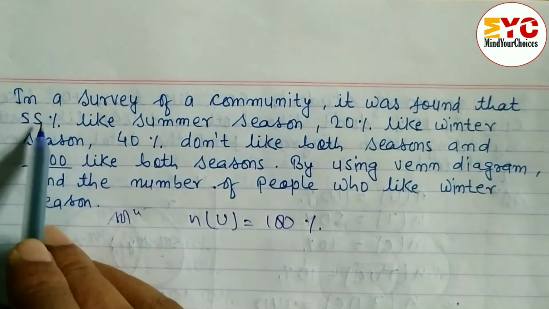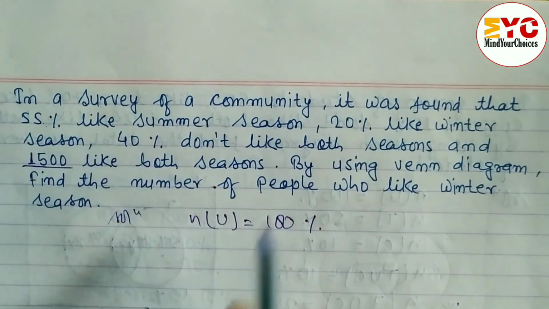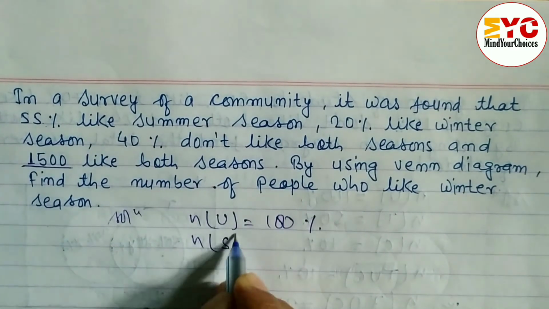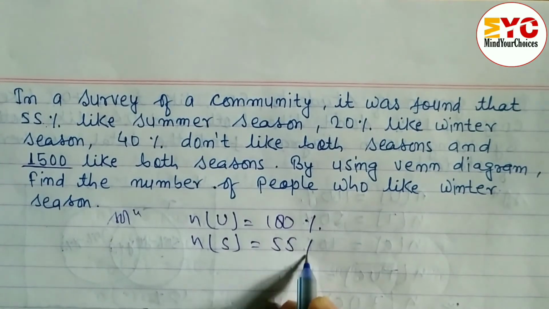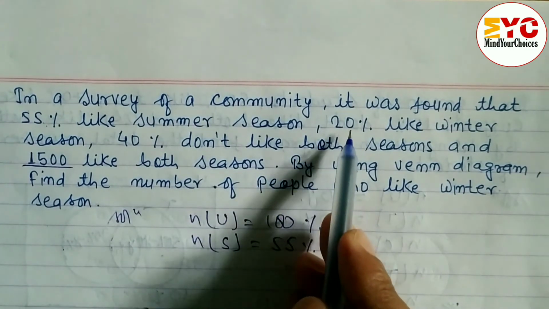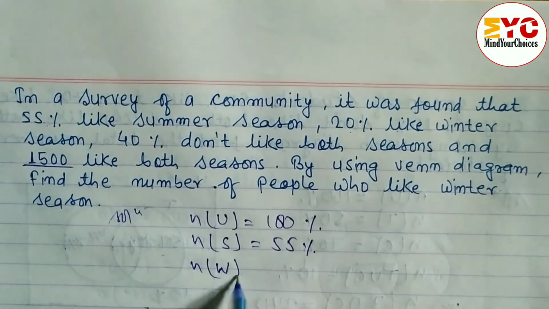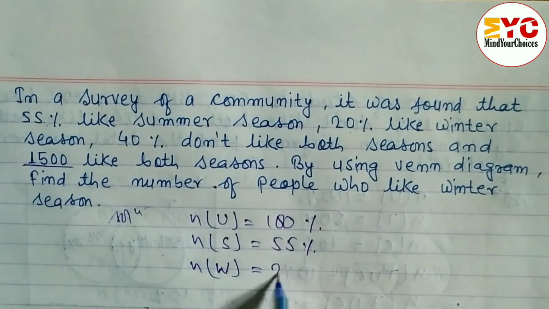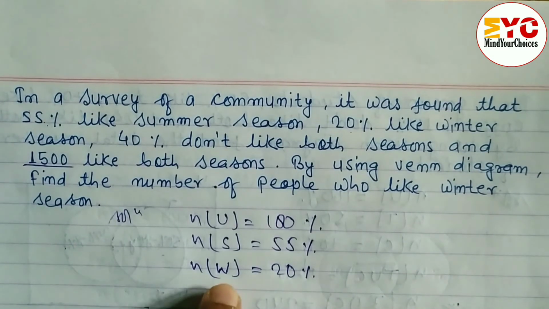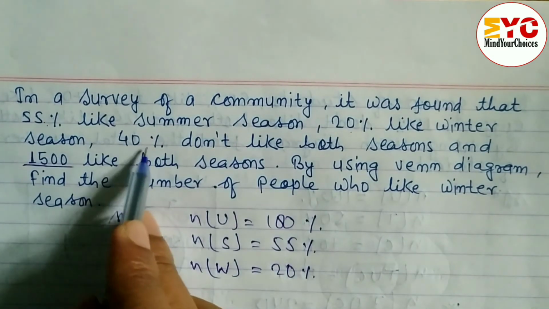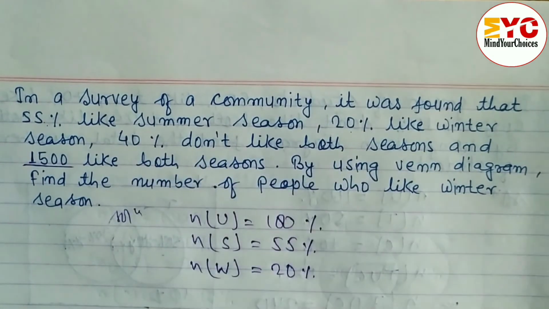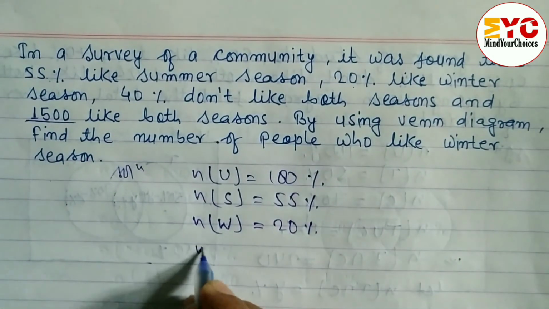Now, let's solve. If the question is in the form of percentage, always let n(U) be equal to 100%, always. After that, 55% like the summer season, so n(S) is equal to 55%. Similarly, 20% like the winter season, so n(W) is equal to 20%. And 40% did not like either season; they don't like summer and they don't like winter.